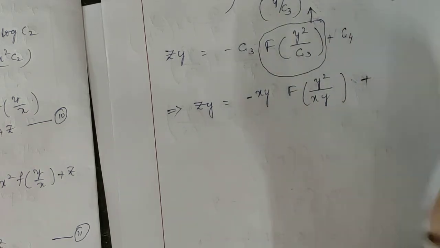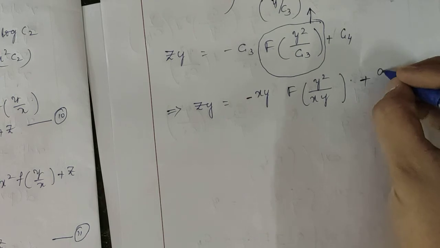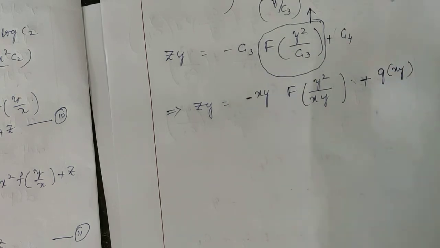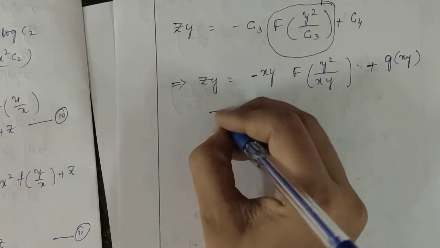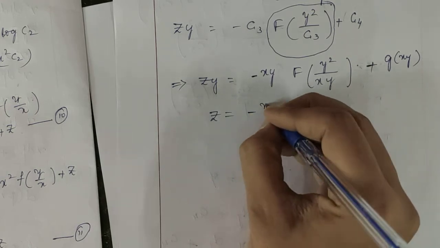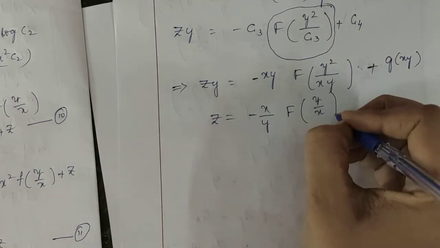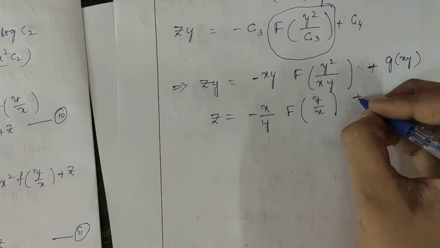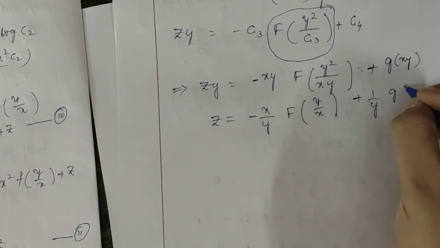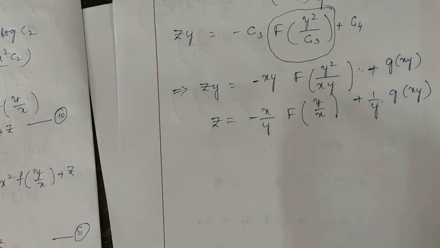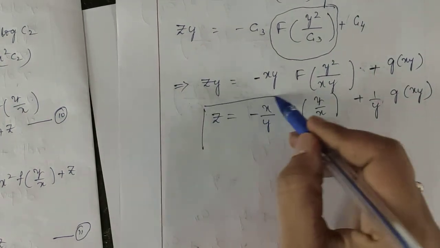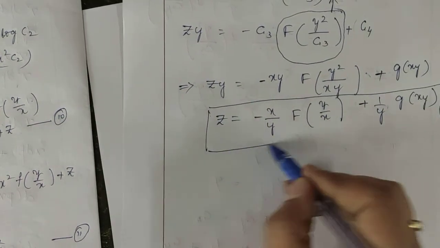I will consider this c4 as some other function, that is g of xy. So z will be equal to minus x by y f of y by x plus 1 over y into g of xy. So this is your final solution.